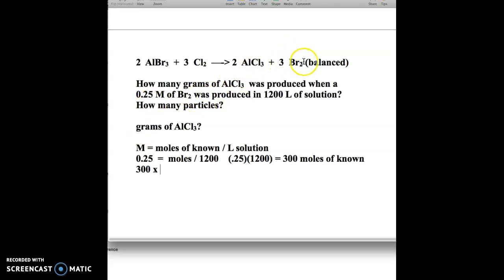You have 3. You're looking for how many it used of this. So you take the coefficient of your unknown divided by the coefficient of your known, times 2 over 3, equals 200 moles of your unknown.